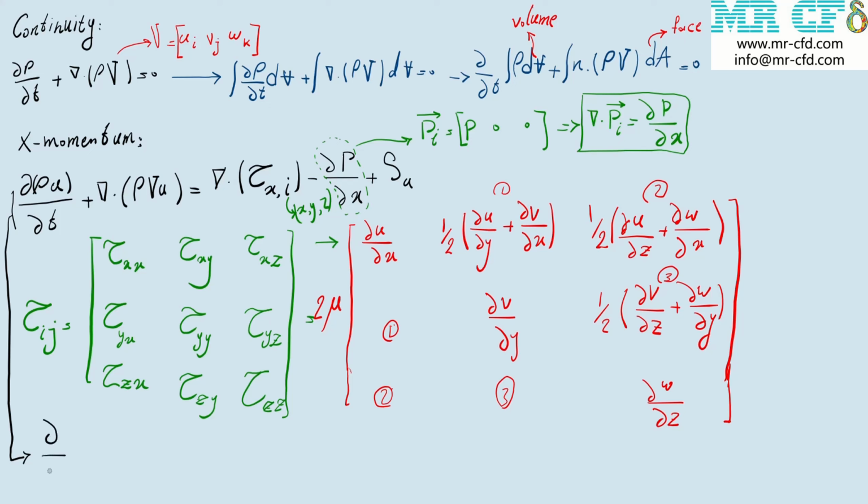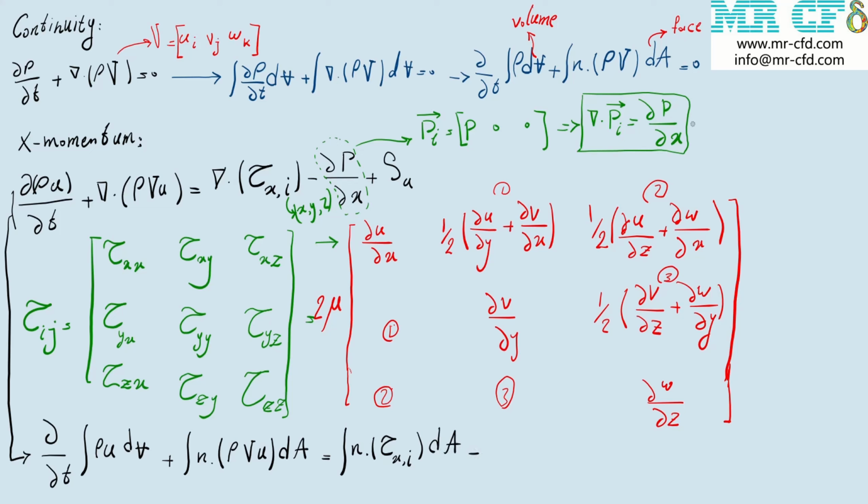We can use this concept to modify the x momentum formulation. Integrating the equation over a control volume and using Gauss's theorem to convert the volume integral to surface integrals allows us to derive the equation for the x momentum. We also use this relation to transform the scalar pressure into a vector form.